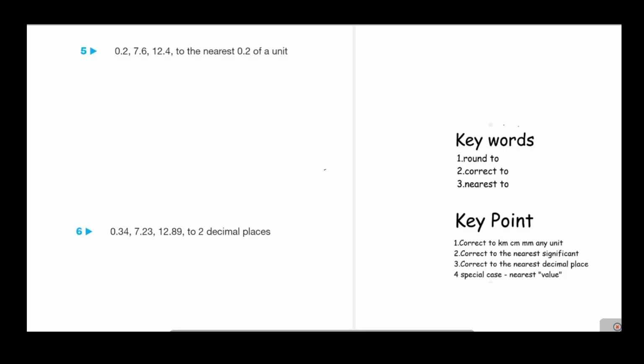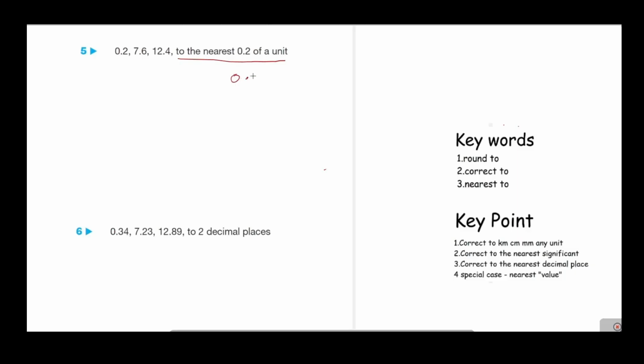I'm reading out the question: 0.2, 7.6, 12.4 to the nearest 0.2 of a unit. You have to underline the keyword. What is the keyword? To the nearest 0.2. There is no significant figure, no decimal place, no kilometers, nothing, just 0.2 of a unit. Then you gotta get this one, 0.2.